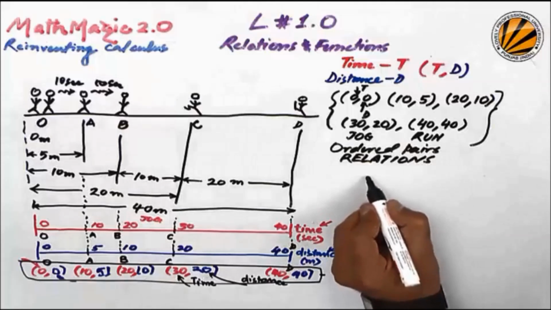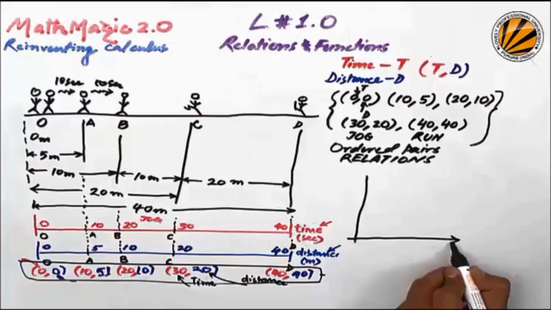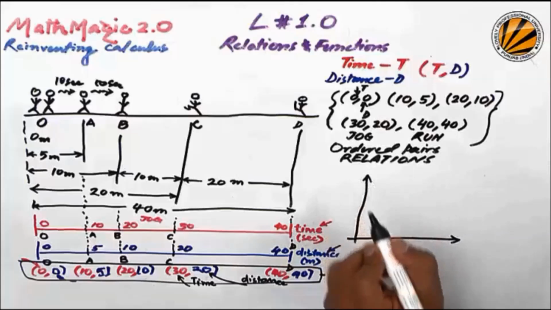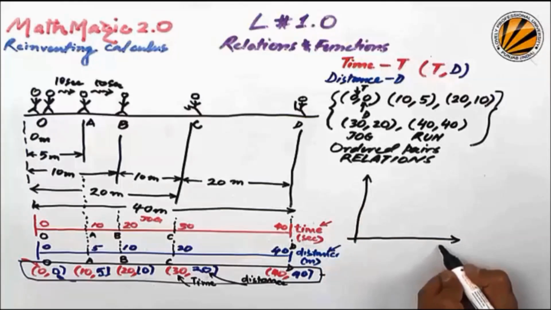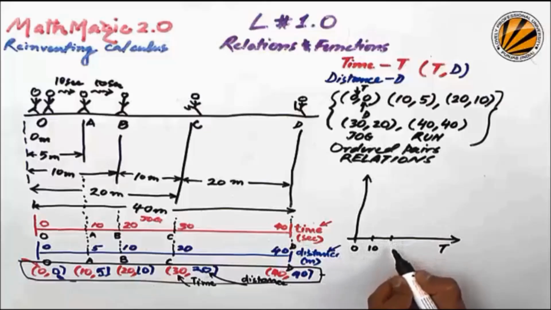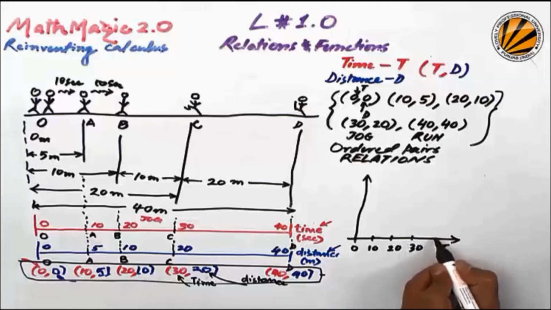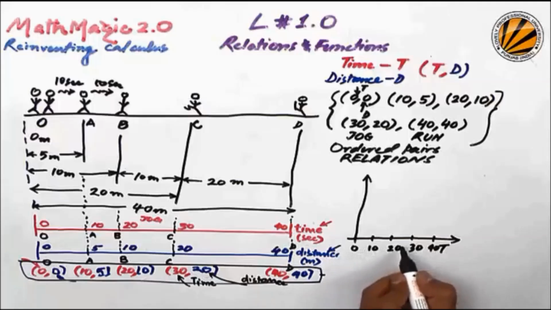Now let us actually plot the activity. Let us graphically look at what happened. On this axis, let me put time. We were looking at the time at 0 seconds, then at 10 seconds, then 20 seconds, 30 seconds, and then 40 seconds. This was the time window when we were taking the observations.